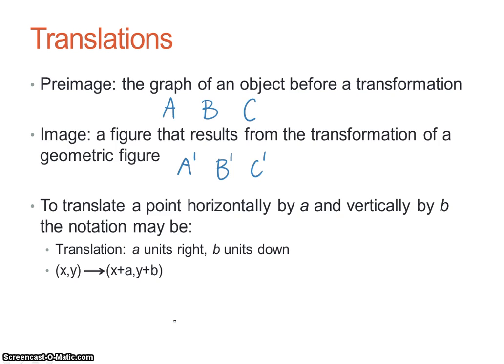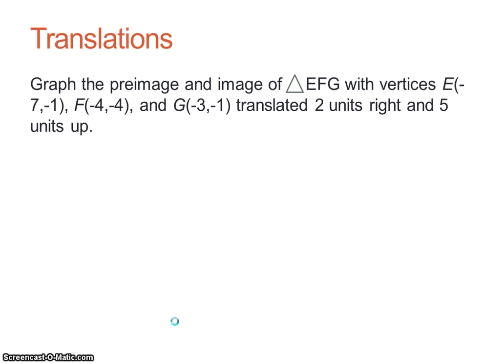So let's look at some examples. Let's graph the preimage and image of triangle EFG with vertices E (-7, -1), F (-4, -4), and G (-3, -1), translated 2 units right and 5 units up. So this is given to us, just written out, translated 2 units right and 5 units up.